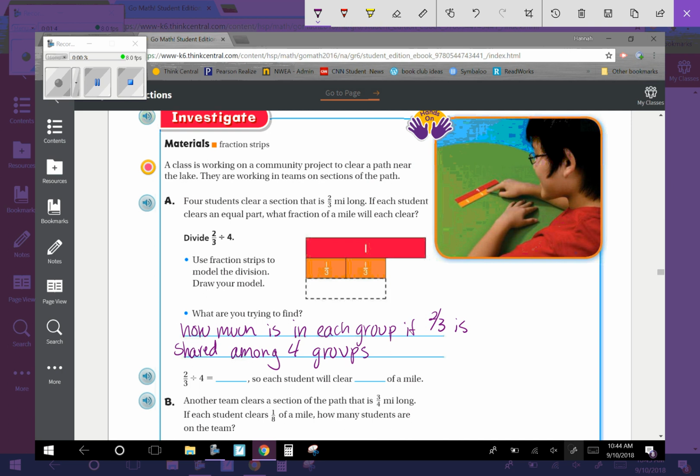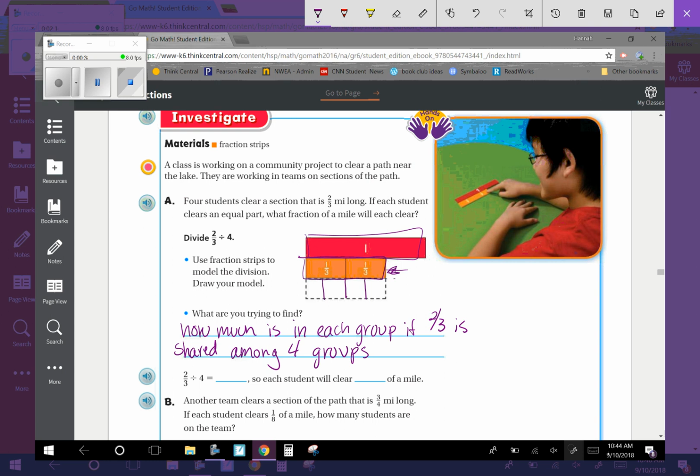So what we're going to do is take that 2/3 divided by 4. So we have our one whole, then we have 1/3, 2/3 here. So this is what we're dividing into 4. So we need to take that and divide it into 4.